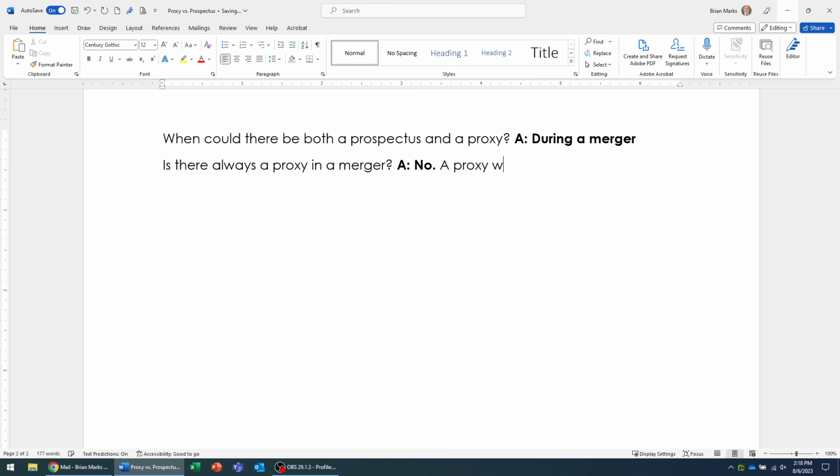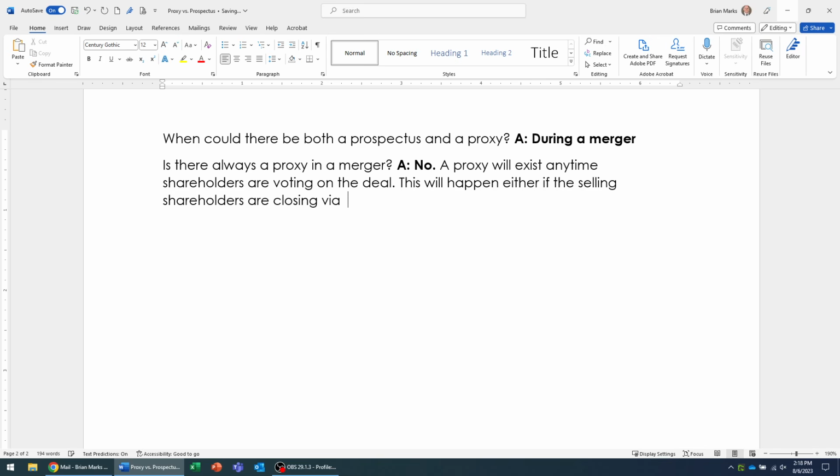A proxy will exist anytime shareholders are voting on the deal. And that will happen either if the selling shareholders are closing via a one-step merger, because a two-step is a tender, so you're not going to have a vote.